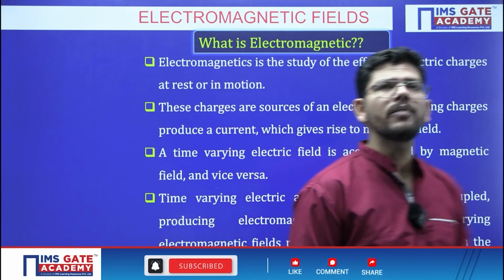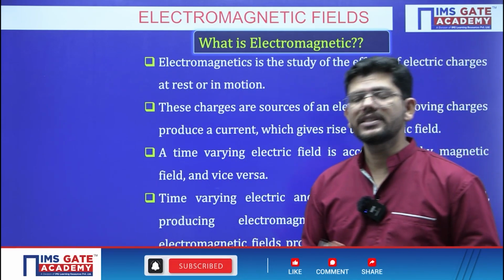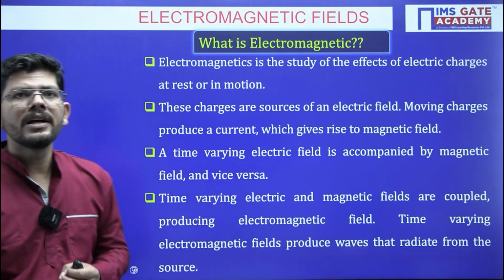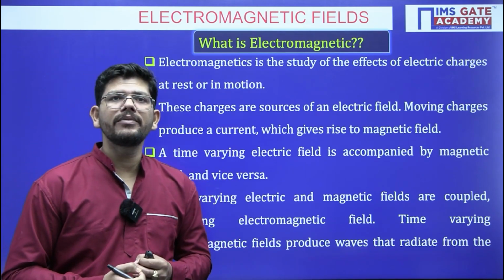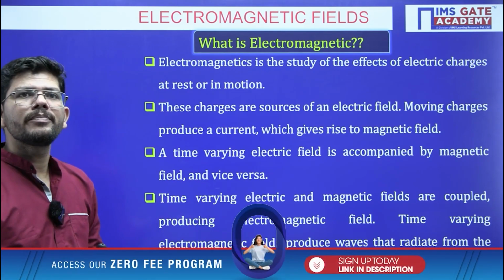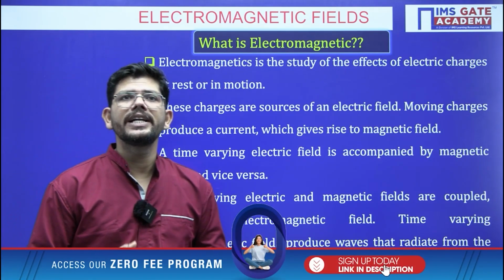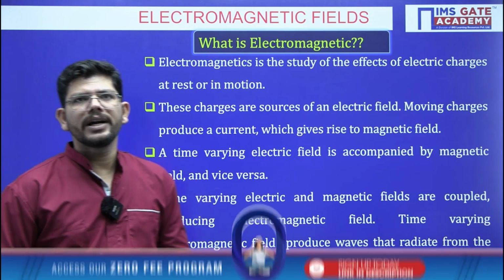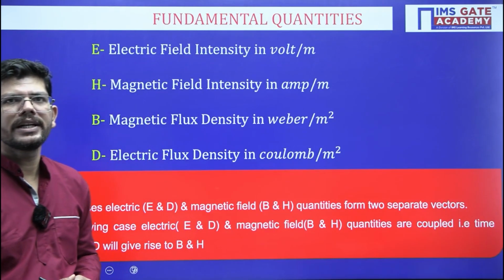So for the interaction of electric and magnetic fields, you will study static electric field and static magnetic field. Then if we have time varying electric field and time varying magnetic field, that also you will cover. Interaction of them will produce electromagnetic waves which will radiate from the source. This is what you have to cover in electromagnetics.